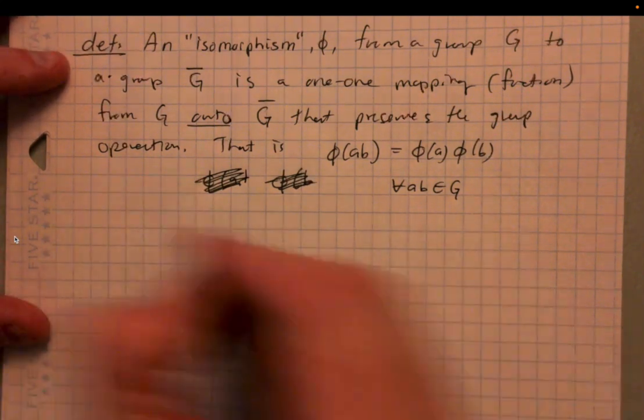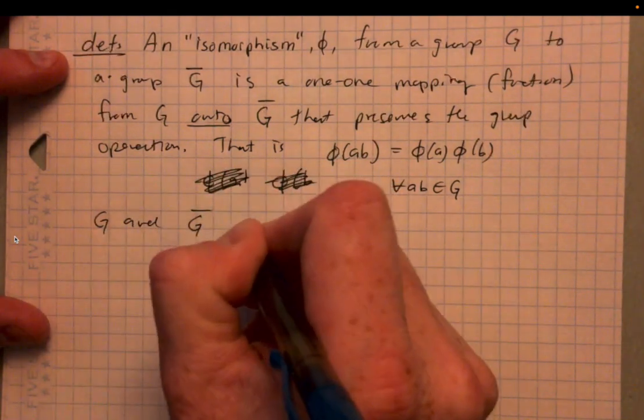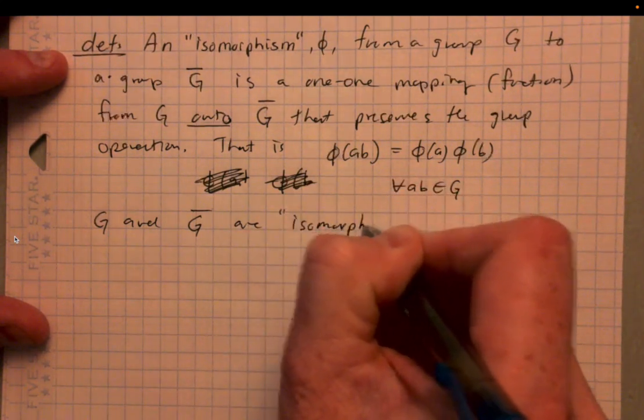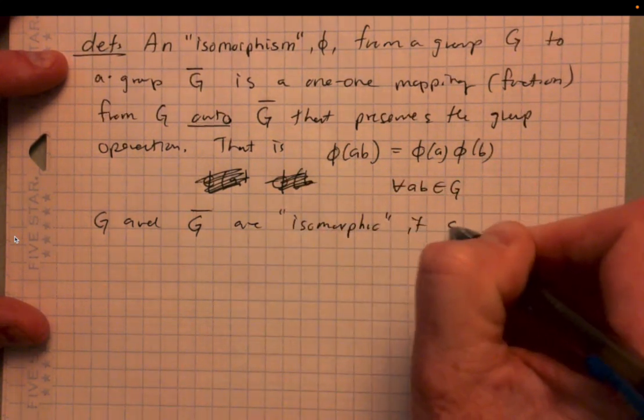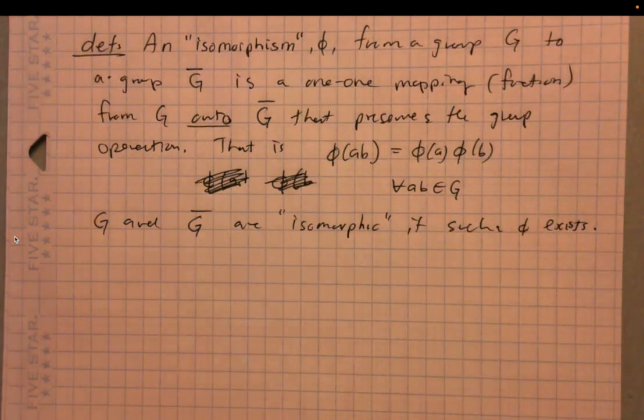And further, we would say that G and G bar are isomorphic if such a phi exists. If there's an isomorphism between G and G bar, then we say that those two groups are isomorphic.